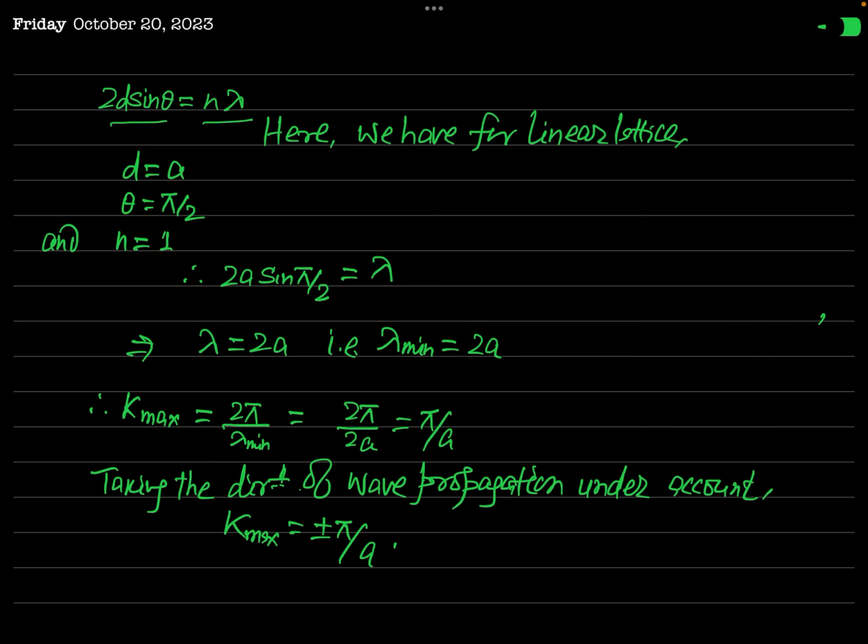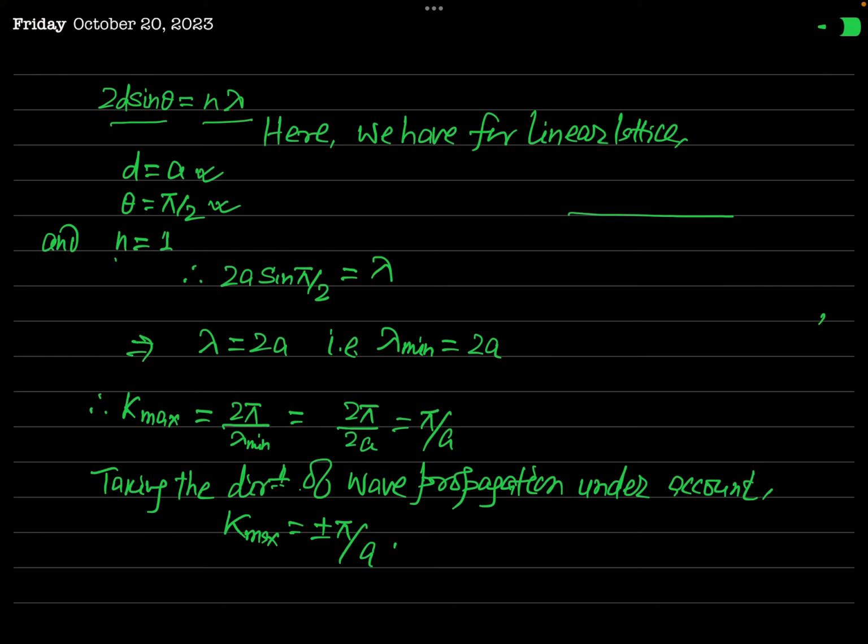But in the case of the monatomic linear lattice, d is equal to a, and theta will be equal to pi over 2, because in this condition the lattice is monatomic, it is just like a line. So in this case, the glancing angle theta is equal to 90 degrees.